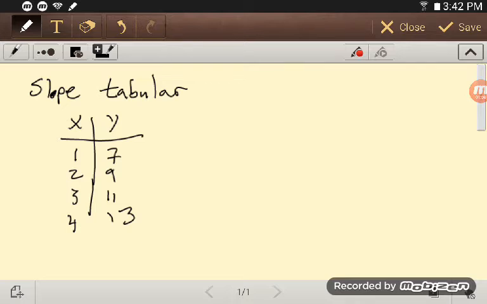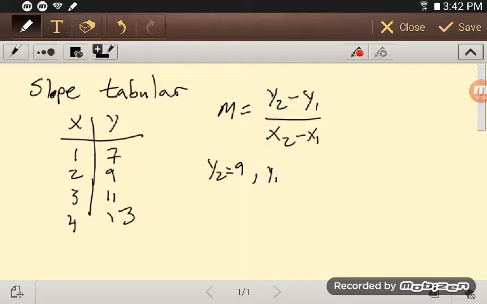Then in this case, if I want to get the slope, I do indeed go to that idea that the slope is just y2 minus y1 over x2 minus x1. And so suppose I go here and I just say, well, let's let y2 equal 9, y1 equals 7.